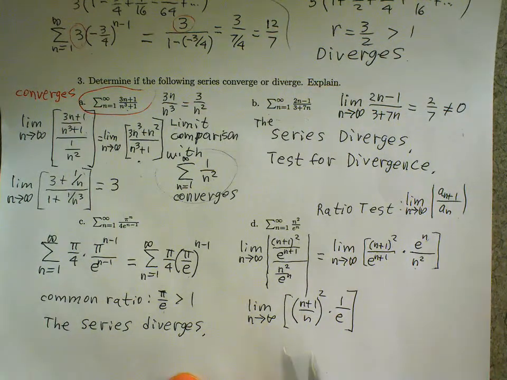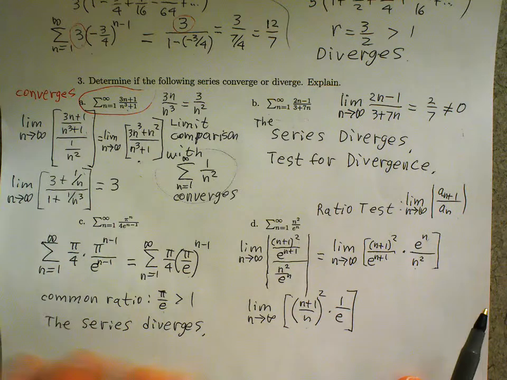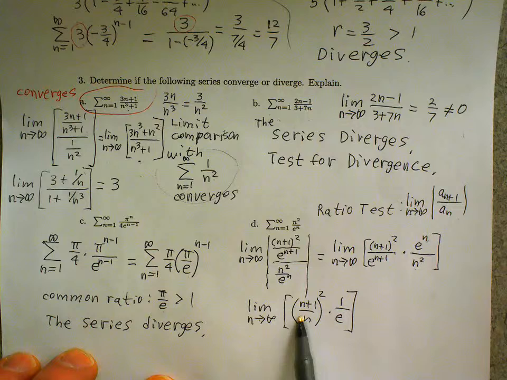What does the limit of n plus 1 over n to the second go to? We could put the limit on the inside and then square the limit. So the limit of n plus 1 over n and then square it. What's the limit of n plus 1 over n?